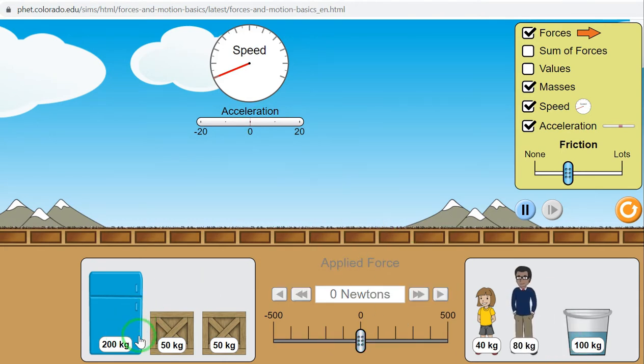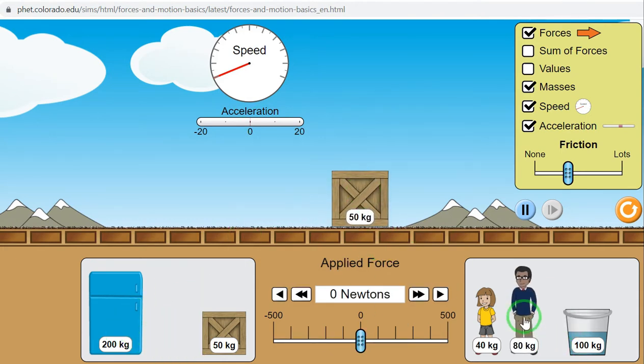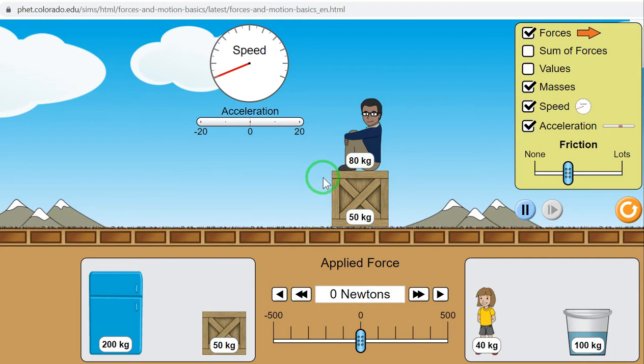Suppose you push this 50 kg, or somebody who is sitting on it makes it 130 kg, then the same amount of force will produce less acceleration, right? So this acceleration and mass are inversely proportional.